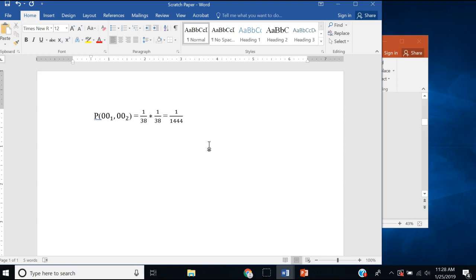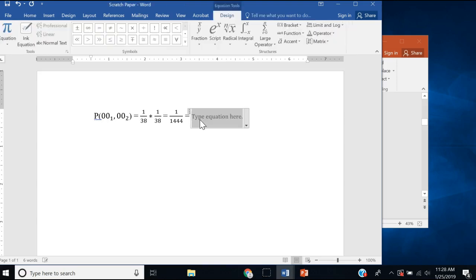By the way, if you're doing this in Moodle, Moodle is going to require you to round things to 4 decimal places. When you put in 1 divided by 1444, it turns out that you actually get a scientific notation answer.